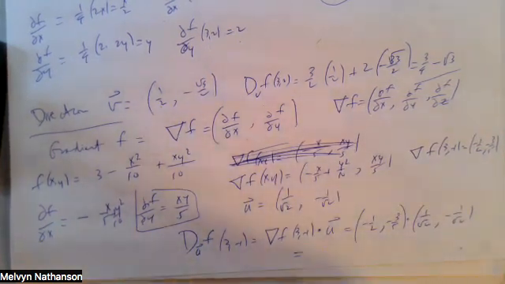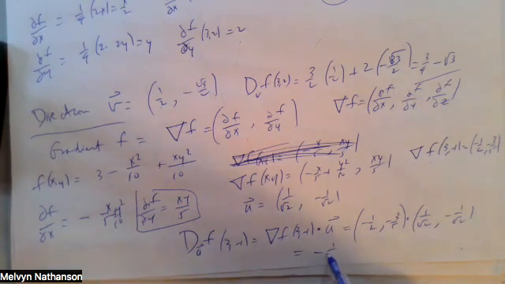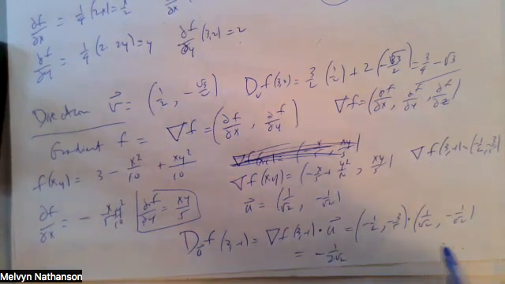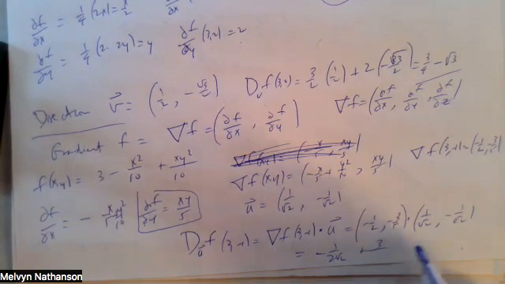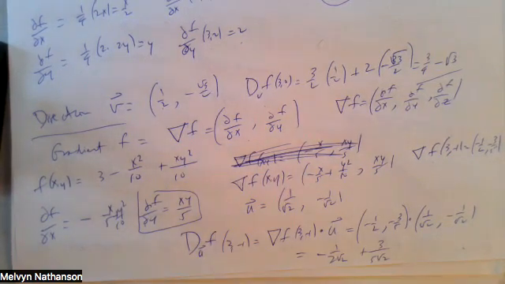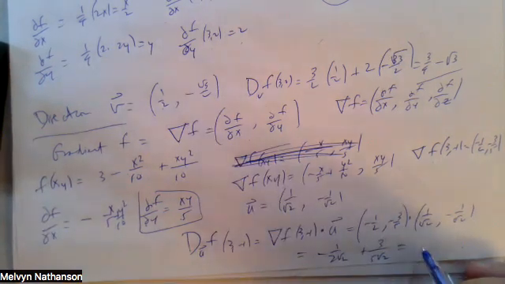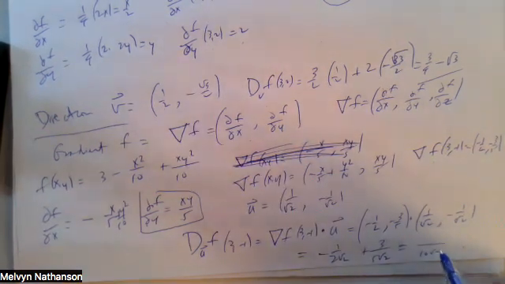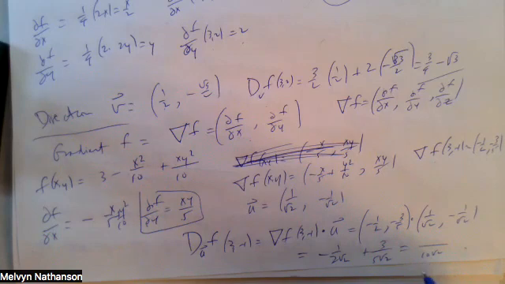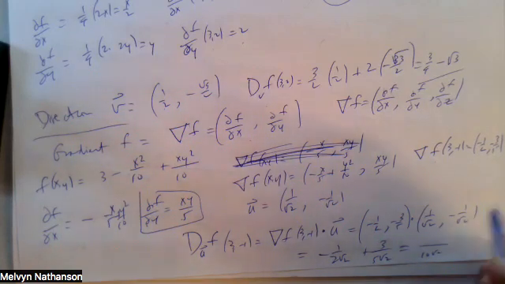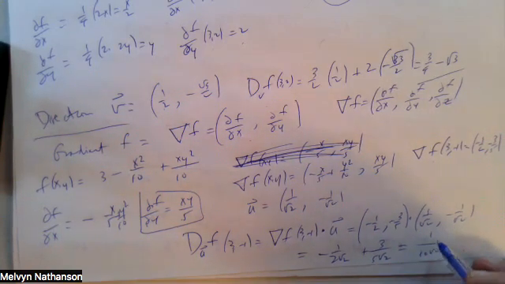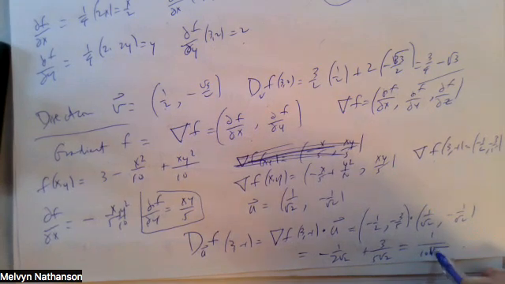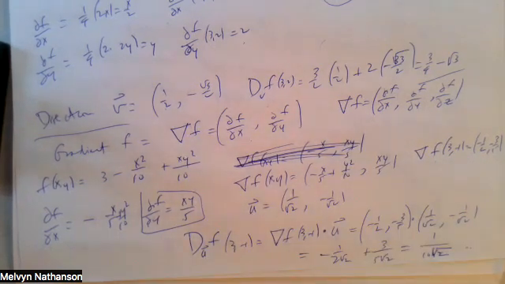So this is equal to minus 1 over 2 root 2 plus 3 over 5 root 2. So if I put this over a common denominator of 10 root 2, this is 6 minus 5, which is 1. So this directional derivative is 1 over 10 root 2.